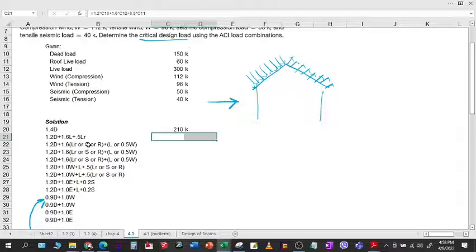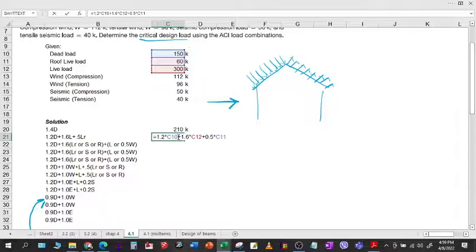We don't have snow or rain load. Then plus L or 0.5 W. So L is simply live load and this is 300 kip. And obviously, L is greater than 0.5 of W, because W is only 112. So we make use here of the L. So the answer is 690 kip.